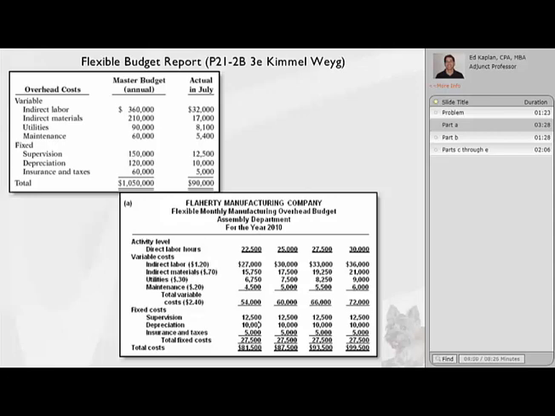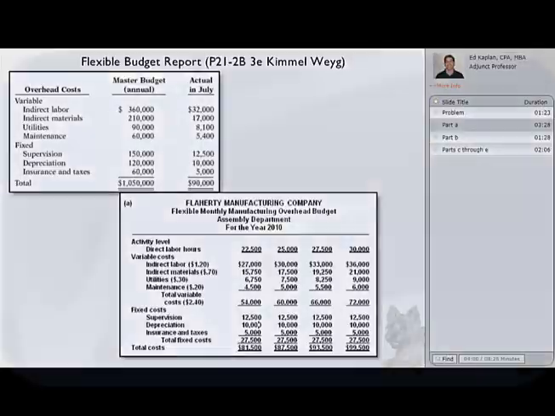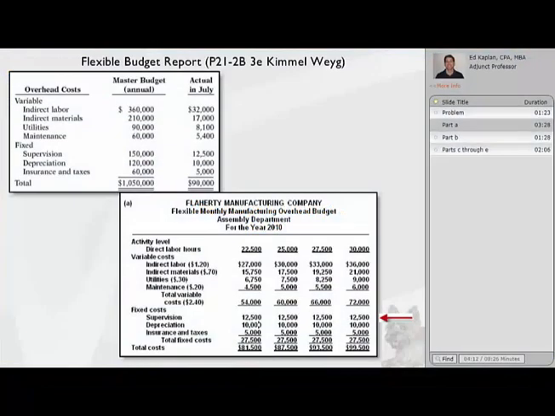So supervision at 12,500, depreciation at 10,000, and insurance and taxes at 5,000 will remain the same in all 4 columns, regardless of how many direct labor hours take place. And then we add those 3 numbers to come up with total fixed cost of 27,500 per month for all 4 of those levels of activity.